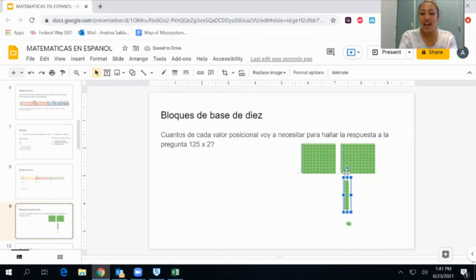Yo sé que cada columna muestra 10 y lo estoy multiplicando por 2 y necesito 20. So, voy a copiar. 1, 2. Luego tengo 5 unidades. So, tengo que copiar 5.